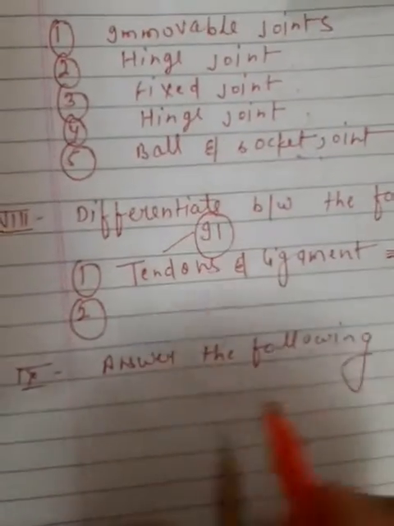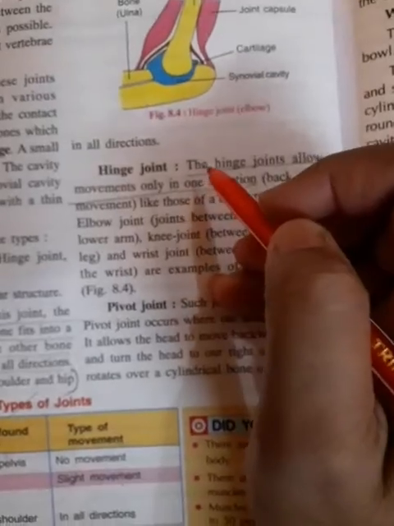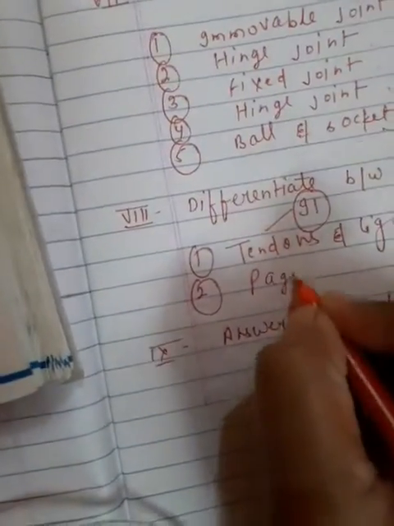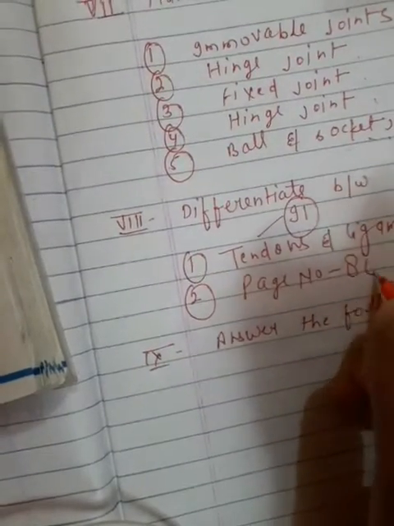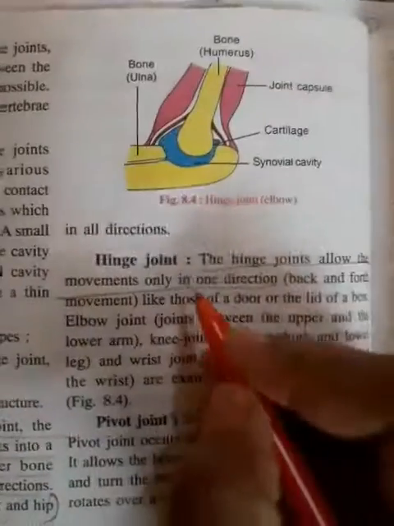And the second one is hinge joints and ball and socket joints. Hinge joint you have to write from page number 88, where both are given.